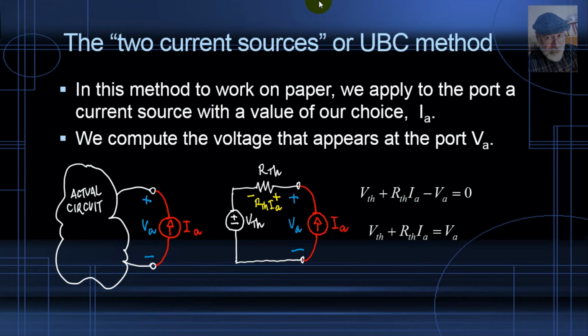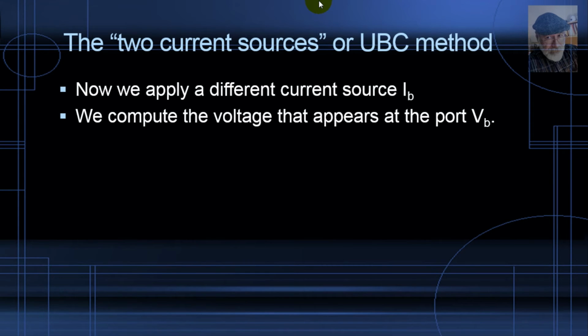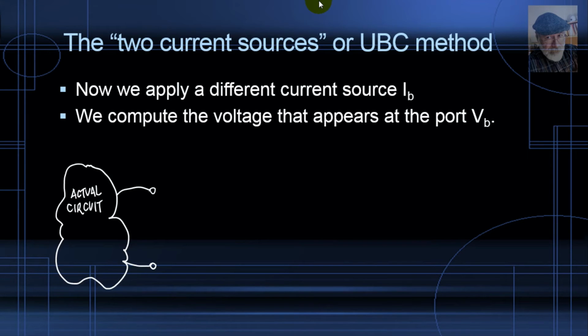We have one equation where we know Ia, the current source value we chose. We know Va, which is the voltage that we computed with M&A in the real circuit on the left. And we have two unknowns, Vth and Rth. Of course, what do we do? We repeat the same exercise, but with a different value of the current source. Apply a current source Ib and compute the voltage that appears at the port, Vb.